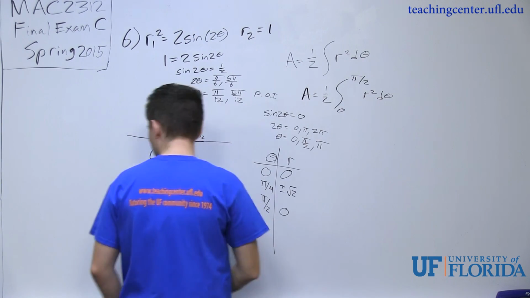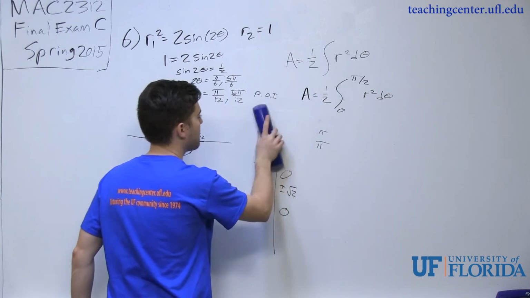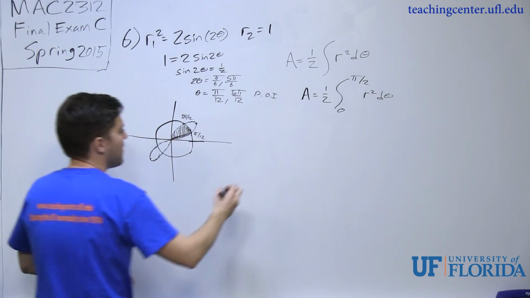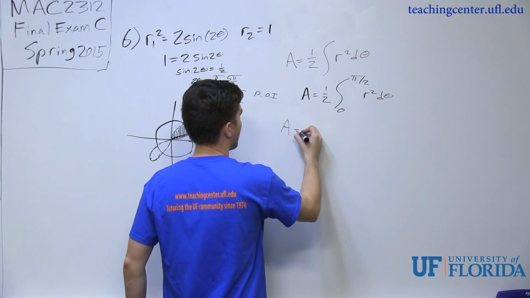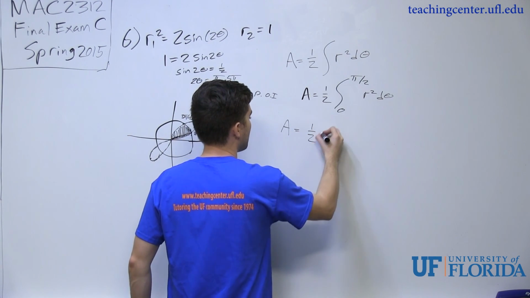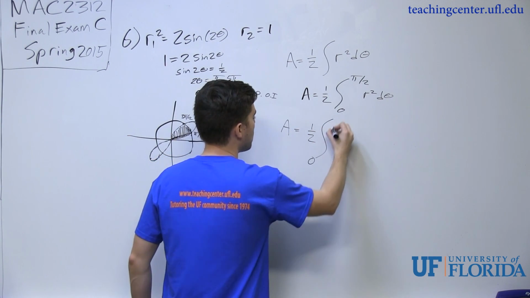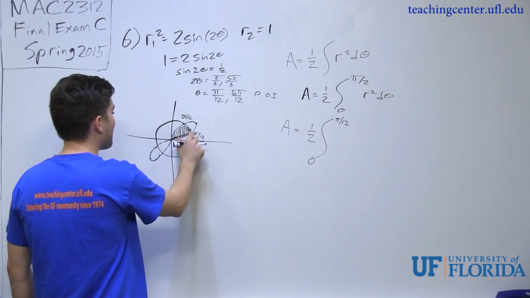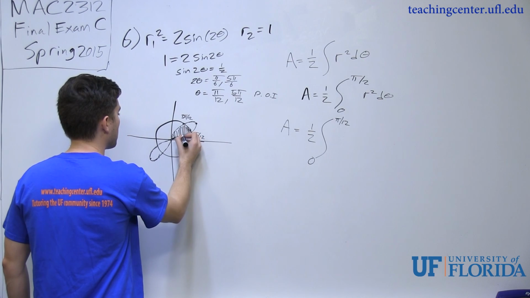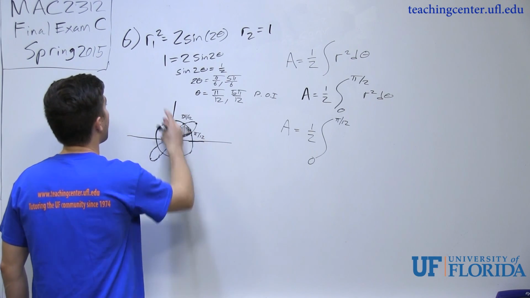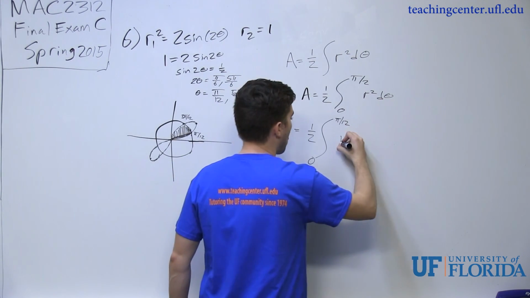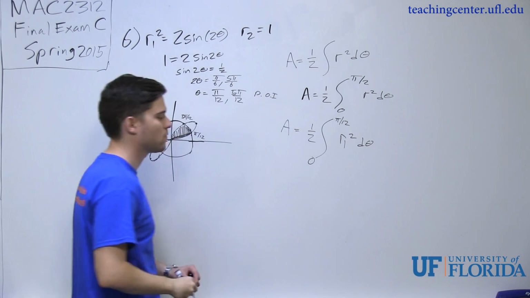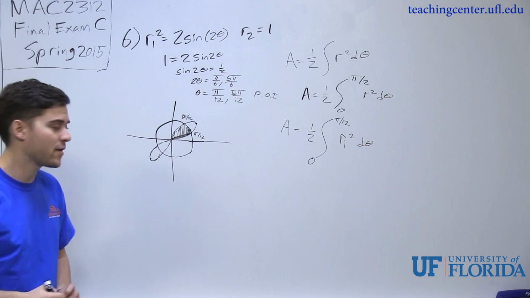So I know in this case, I'm just going to clear some room here, I know that the area, the total area, at least initially, will be from 0 to pi over 12. And to get that area right here, to get this little bit of area in here, I'm going to have to integrate R1 squared. So that's my first bit of area.